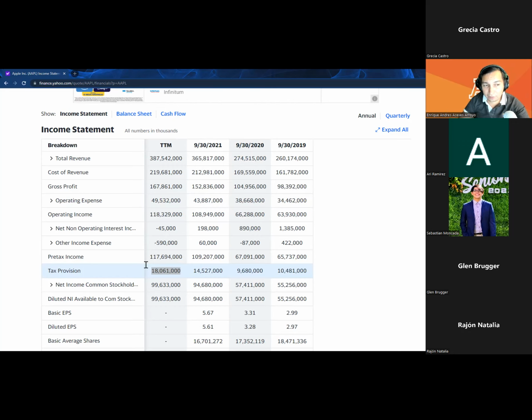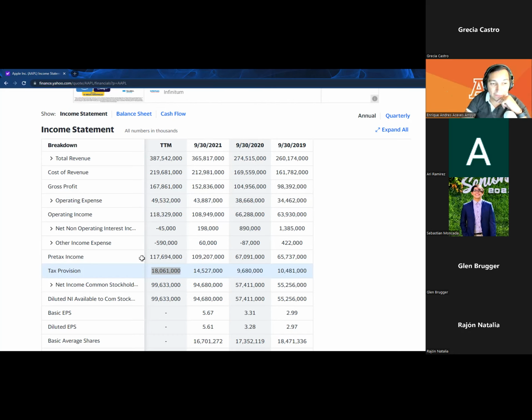How do you deduct the effective tax rate? It's just a matter of multiplying the average interest rate times 1 minus the effective tax rate, because then you only have to consider 85% of the interest rate.